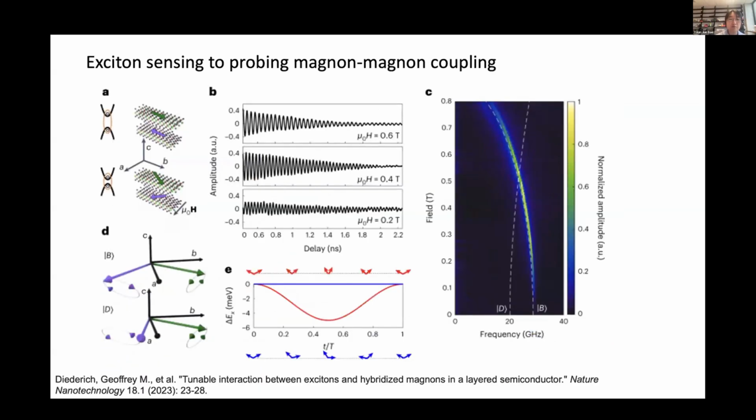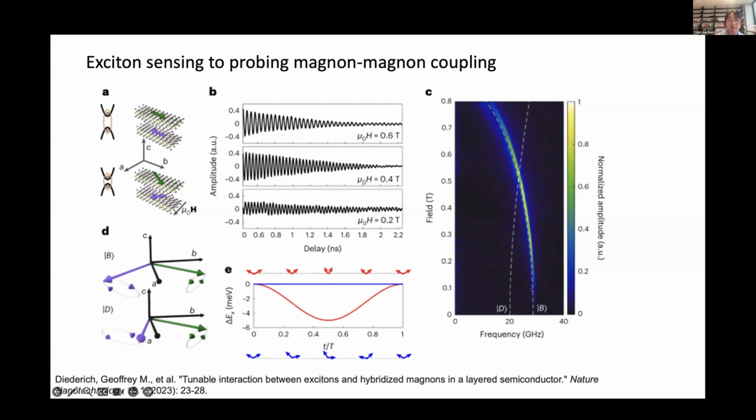All right, so using this external sensing method, my collaborators in Chadong's group, Jeff and Yafi, did some follow-up work. Here we use the exact same method, the external sensing method. What they show is that by applying the magnetic field at an angle, you can induce magnon-magnon coupling by breaking the symmetry.